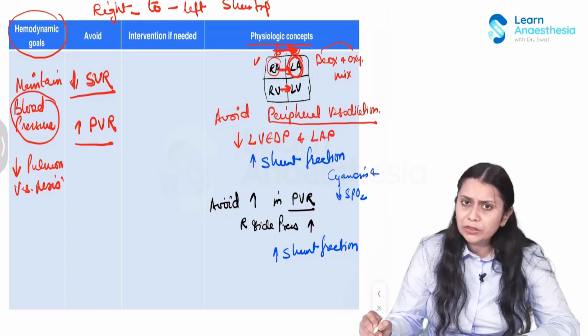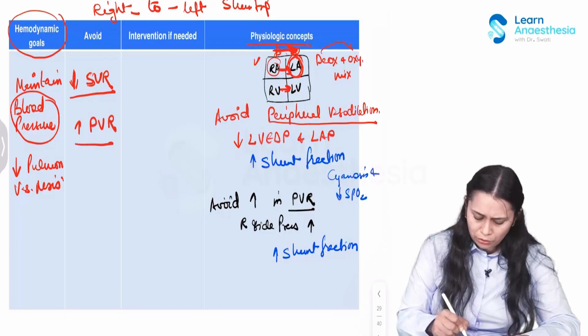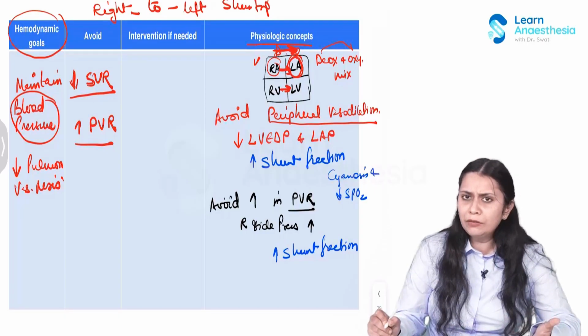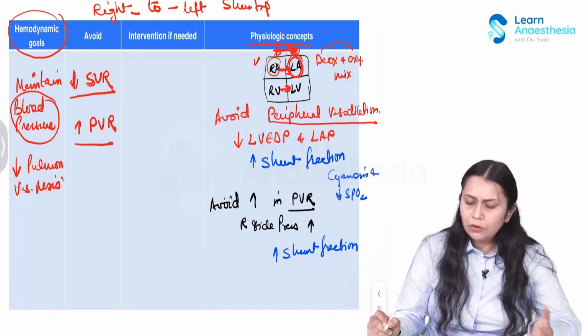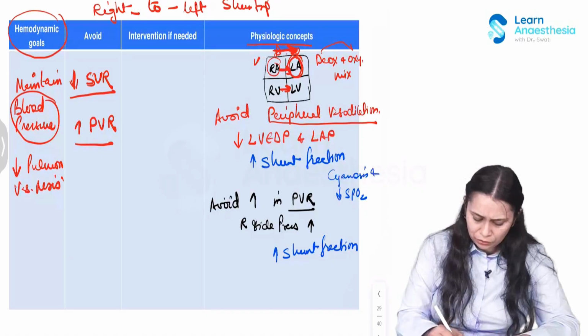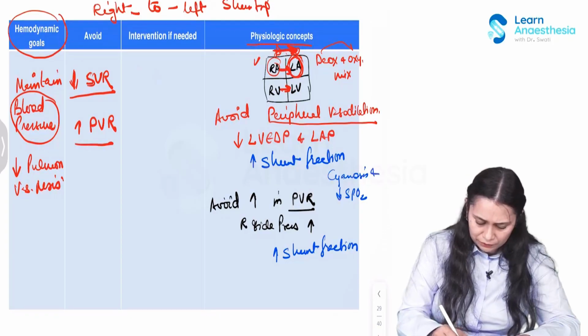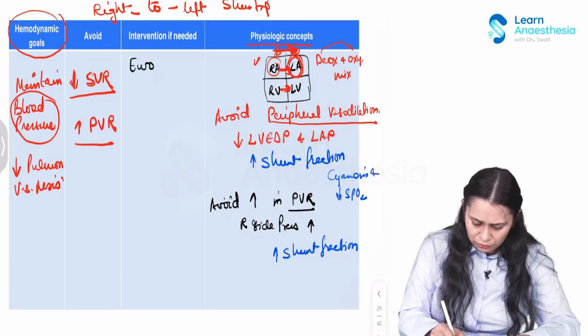So what interventions will we take to do this? To avoid a decrease in SVR, first we need to maintain euvolemia, proper preload.